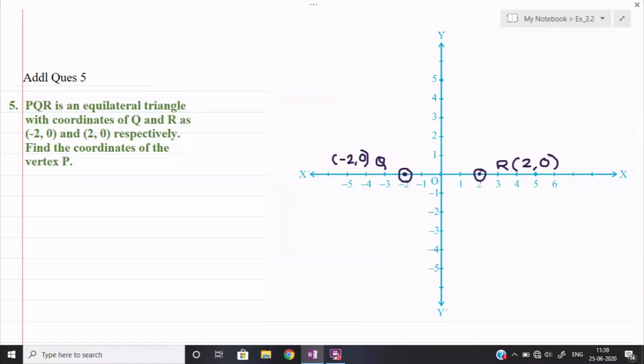So P will lie somewhere in the plane. For example, suppose P lies at this place, somewhere between 3 and 4.